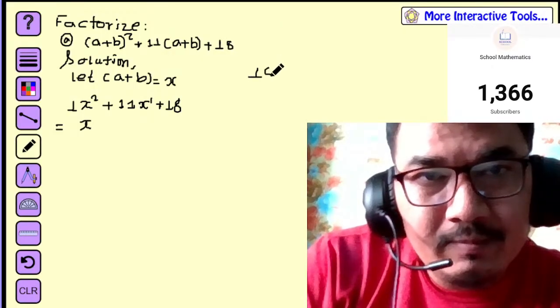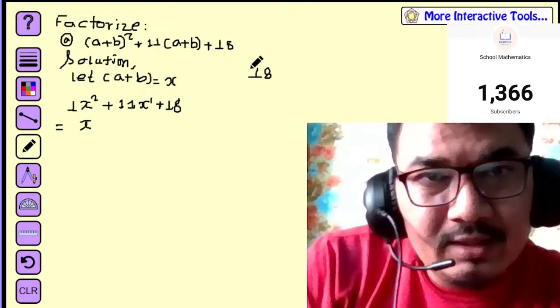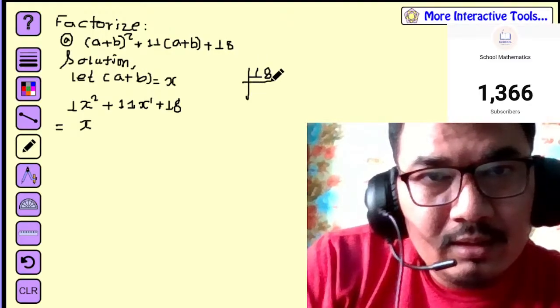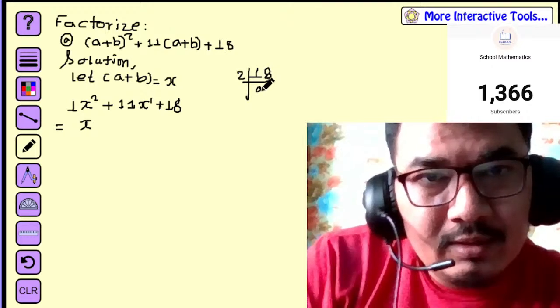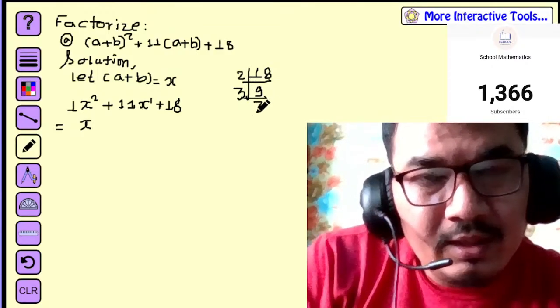Right here 18, and we have to factor this 18, like this 2 nines are 18, right? And again we can factor this 9. It will be 3 threes are 9.